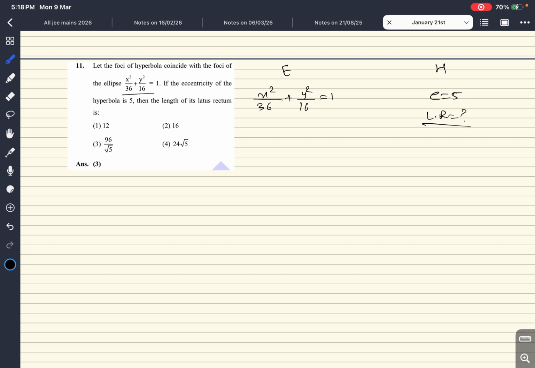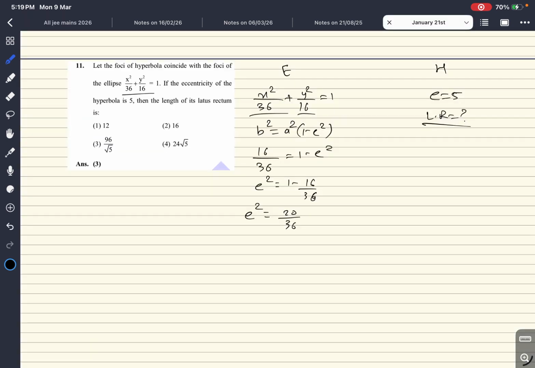So here we can calculate the eccentricity of the ellipse. What is the formula we have? B square is equal to a square into (1 minus e square), correct, because a is greater than b. So put the value. B square is 16, a square is 36, so 16 by 36 is equal to 1 minus e square. So e square is nothing but 1 minus 16 by 36. Let us calculate the value. 36 minus 16 is nothing but 20 by 36.